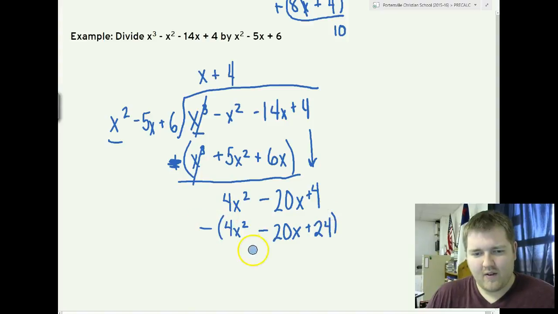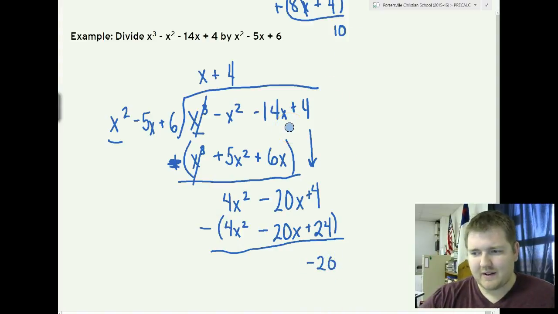Subtracting these, 4x squared minus 4x squared is 0. Negative 20x plus 20x is 0. And 4 minus 24 is negative 20.